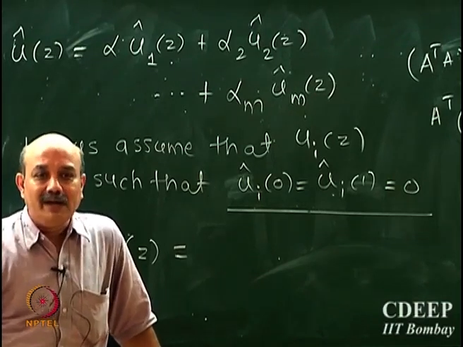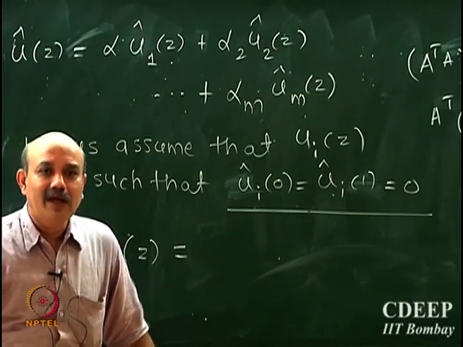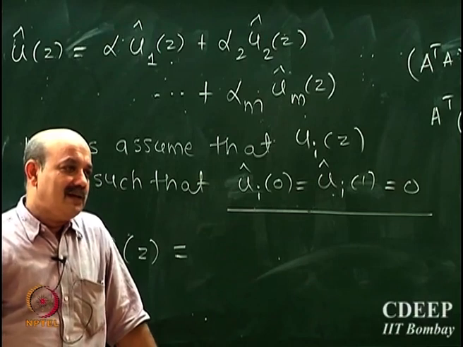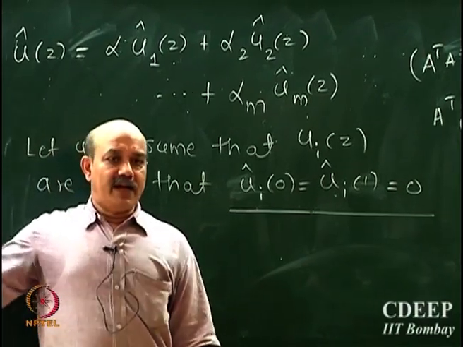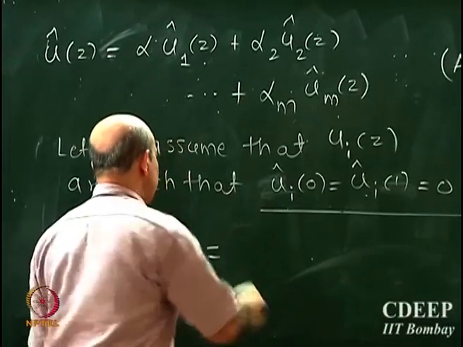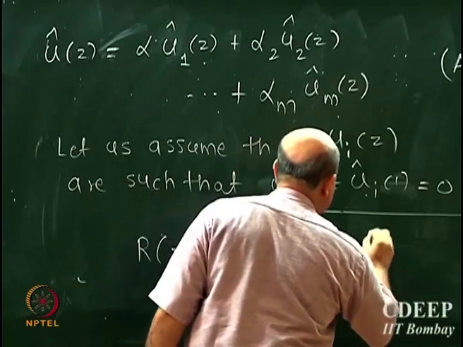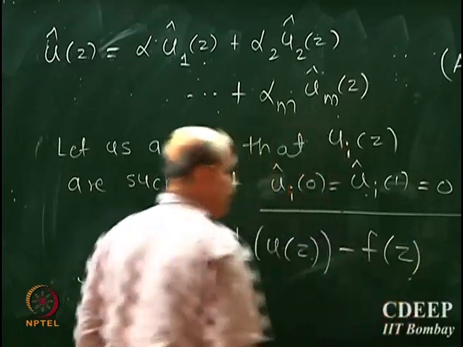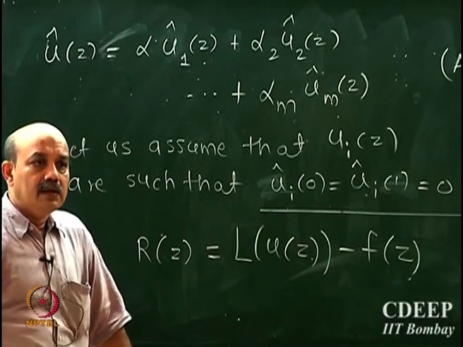In least square parameter estimation we call this the error vector. Here we call it the residual vector. The residual is between the left hand side and the right hand side. So the residual is between L u(z) minus f(z). This is my error vector.